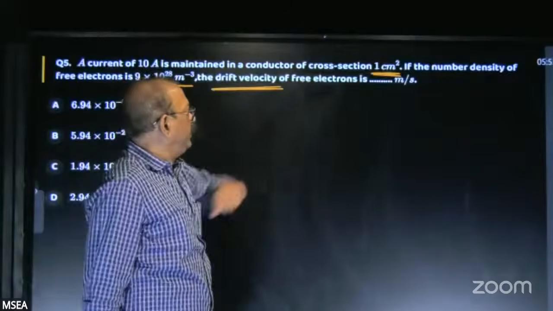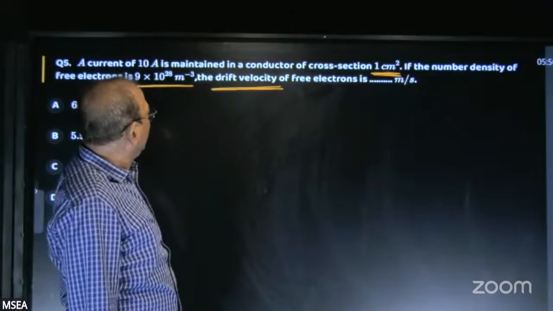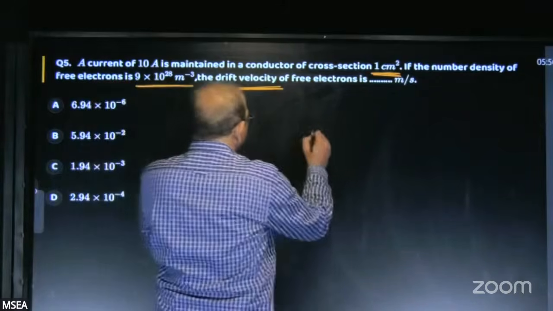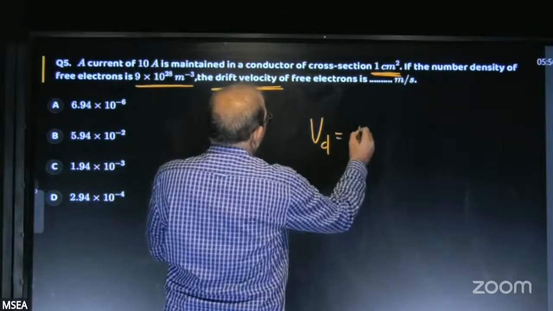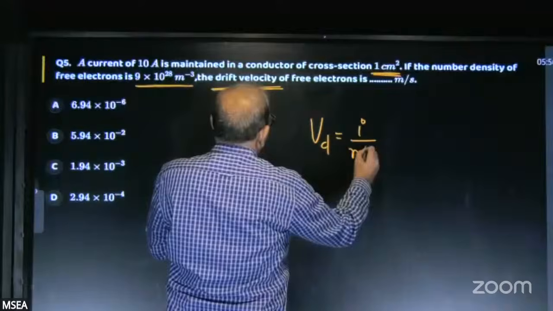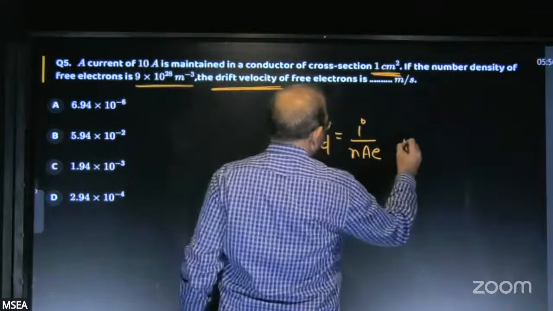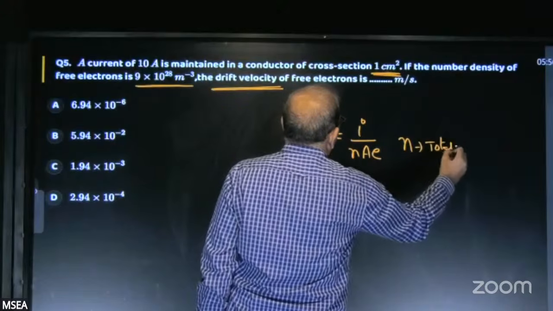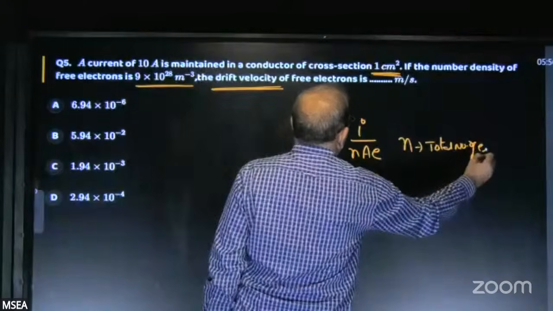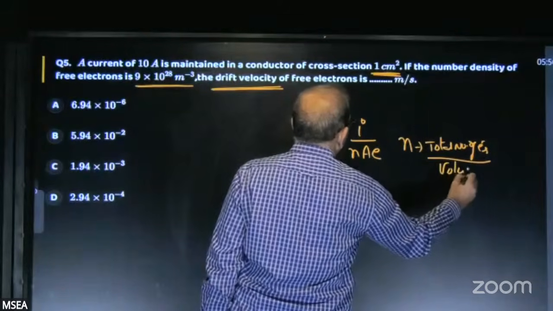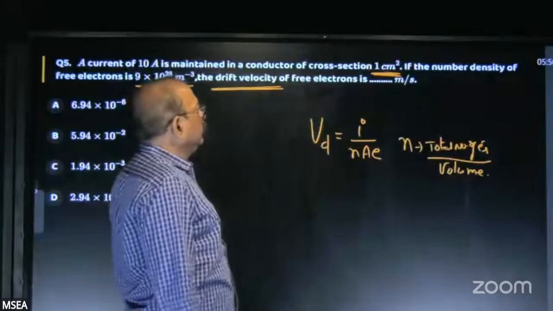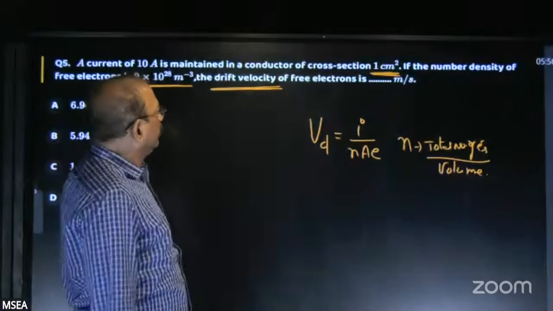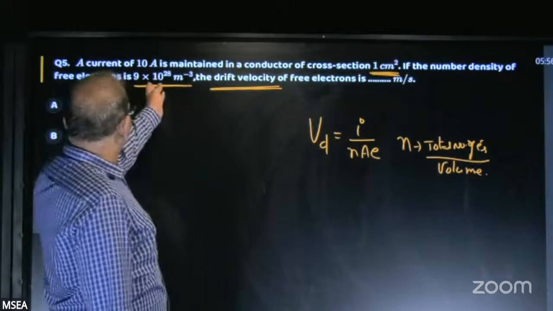Here meter, there centimeter, observe that. Drift velocity: what is this drift velocity formula? I by NAE. In this, what is N? Free electron density means total number of electrons by volume of that conductor, number of electrons per unit volume. That only is given here directly.